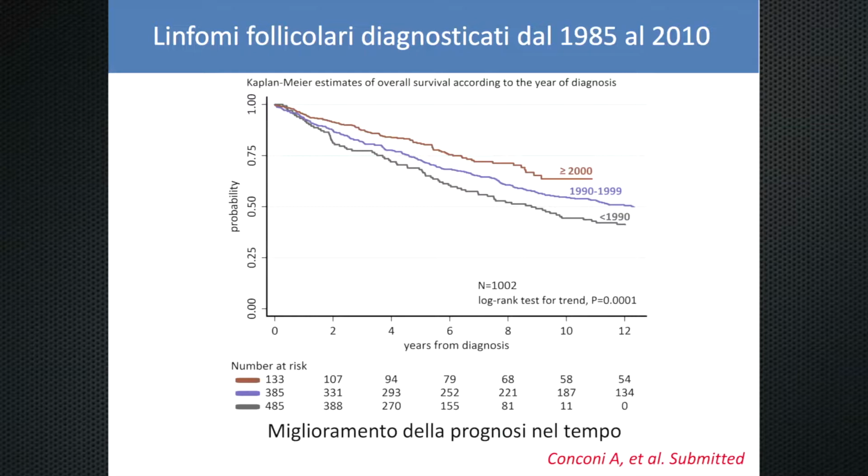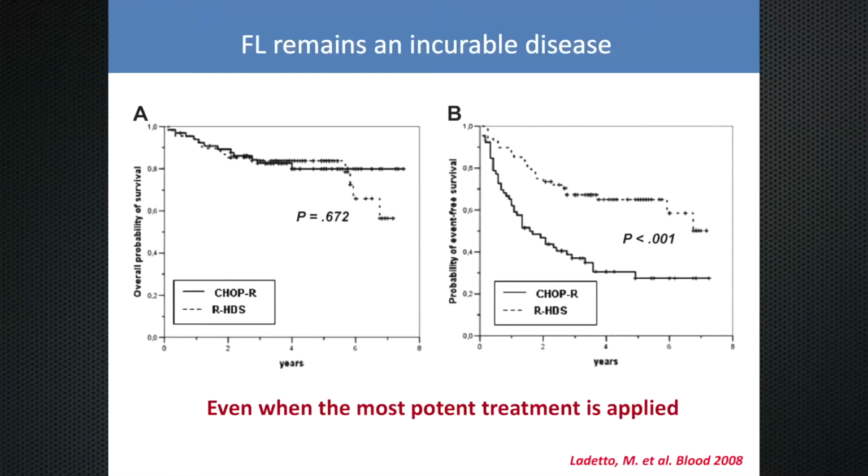And you see, again, a clear-cut improvement in the outcome from 1990, 2000, and after 2000, so that today at diagnosis, the median life expectancy of patients with follicular lymphoma is around 18 years. However, the disease remains incurable in the sense that they all tend then to relapse. This is just one of the many studies in which it was tried to cure the patients by intensifying the treatment.